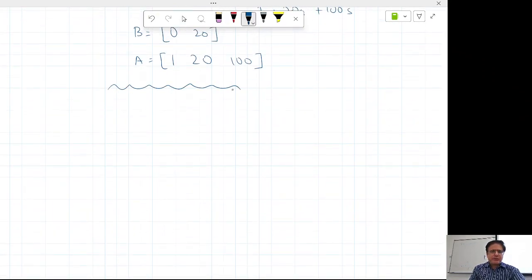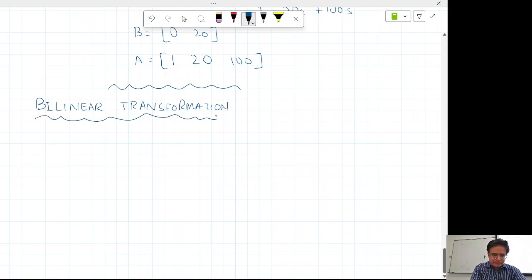Step three, yes. Okay. Now, this is essentially a transformation or a conversion or a mapping from Z domain to S domain, or S to Z or Z to S, right?